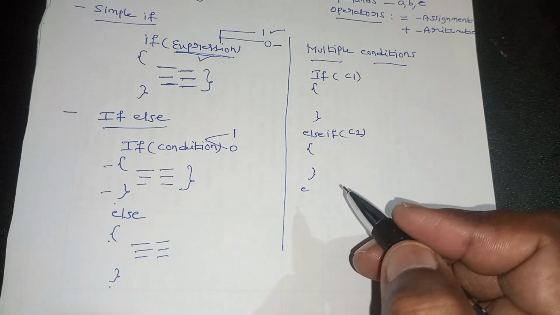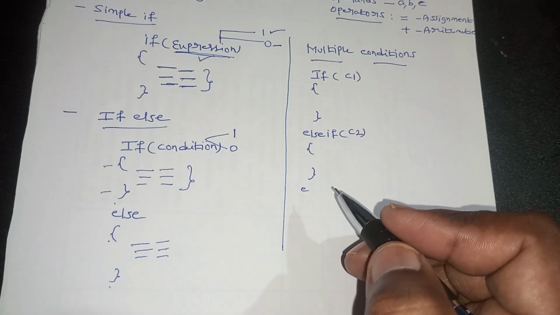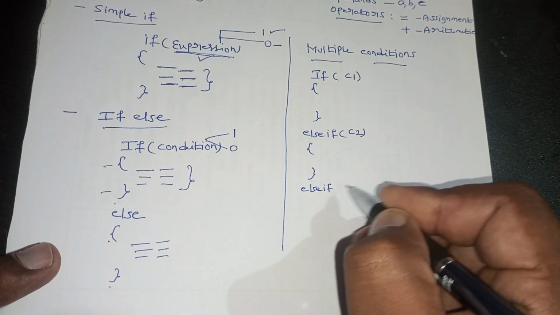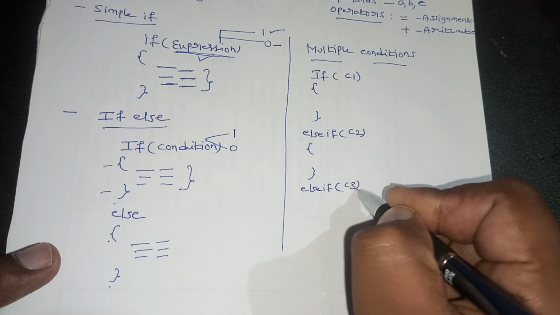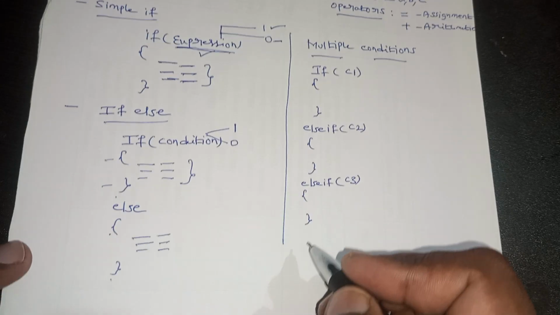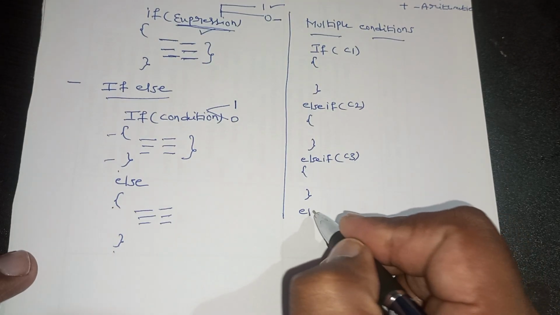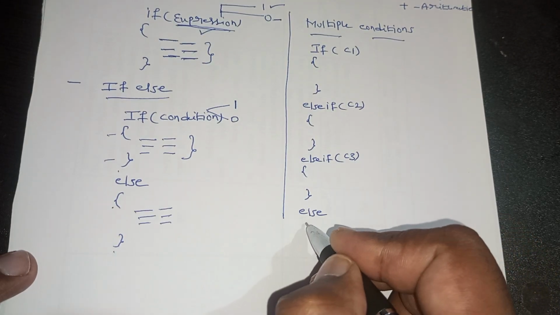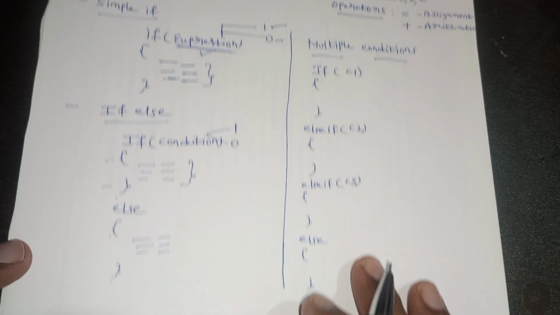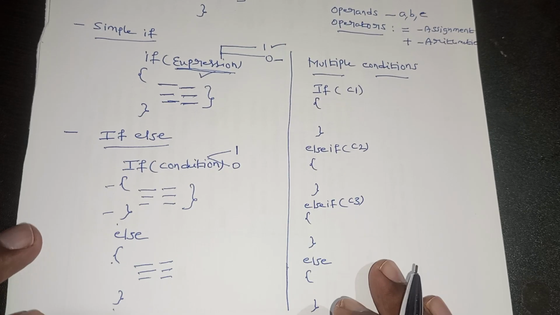You may take any number of else ifs, that depends upon the number of conditions. So else if condition 3. Okay, so like this. Finally, what do you take? You take the else block.